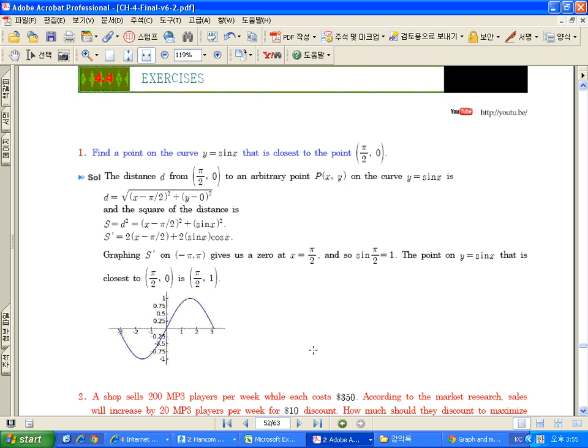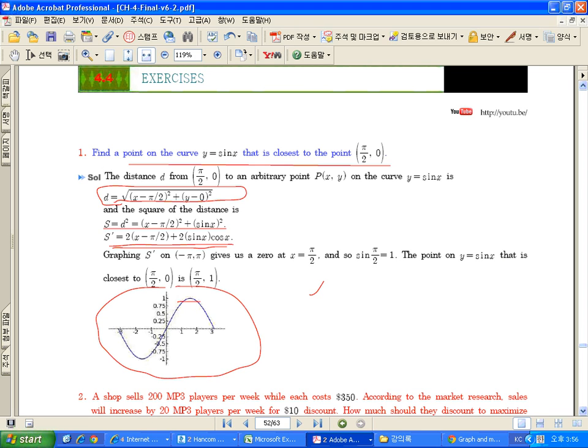Okay, here are the problems in section 4.4, and similar problems. From the given condition, you formulate the distance with the Pythagorean theorem, formulate the function with one variable, then find the first derivative, draw the graph, and think about the critical point by solving it.